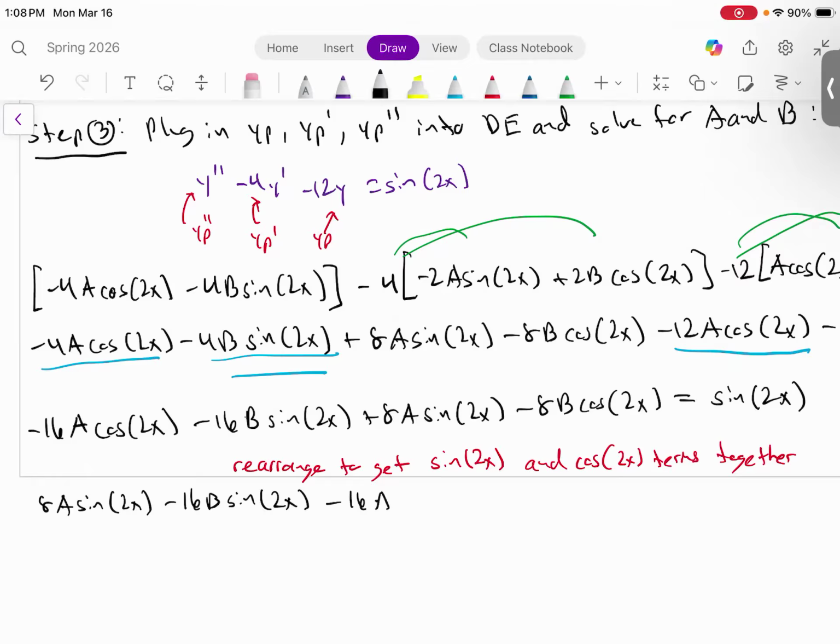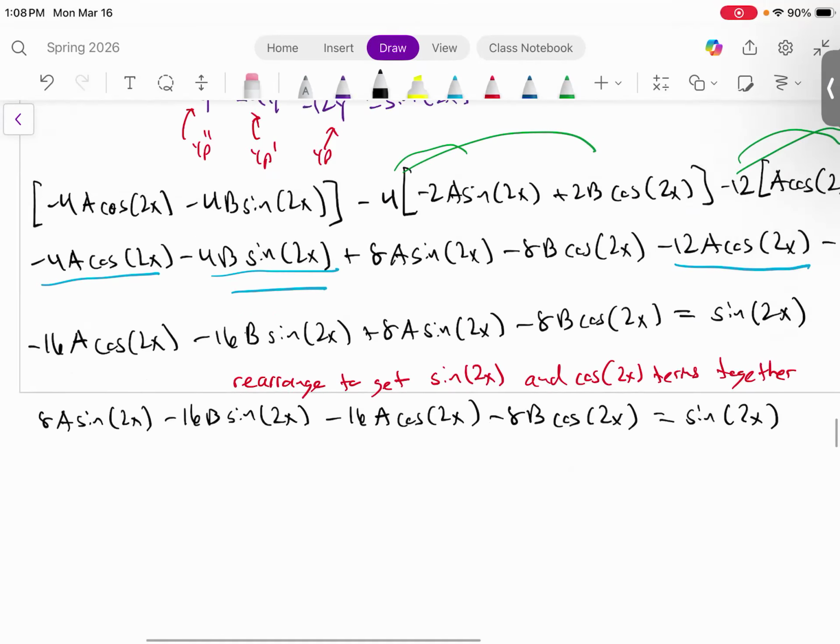minus 16a cosine of 2x minus 8b cosine of 2x. And it all equals same thing, sine of 2x. And the reason I'm rearranging is because now I'm going to factor out the sine 2x and cosine 2x of these terms.